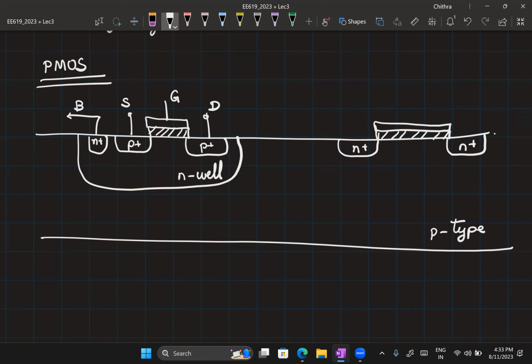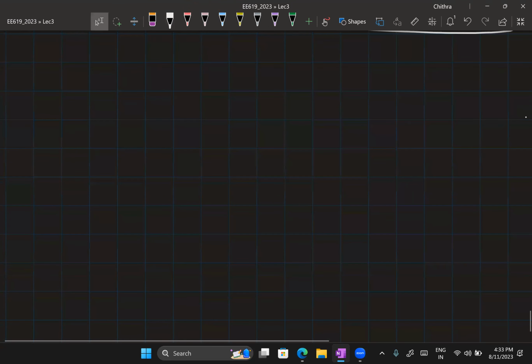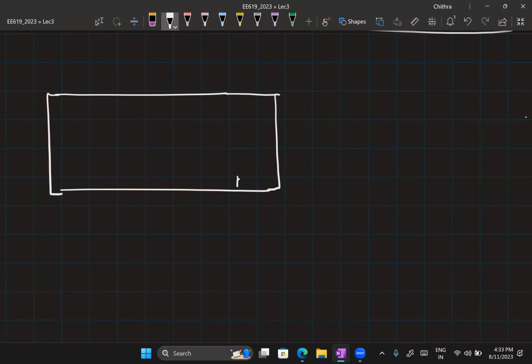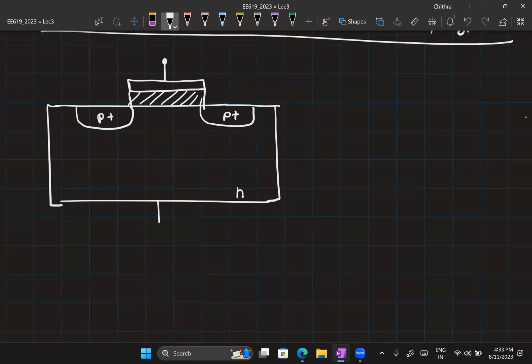So now let's analyze in detail the PMOS transistor. So this is N-type. Okay, I'm going to assume that both the bulk and the source are shorted.